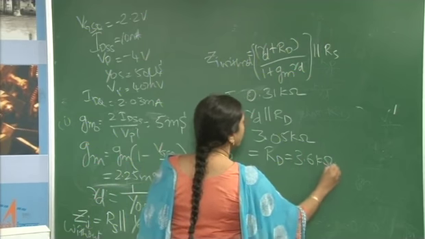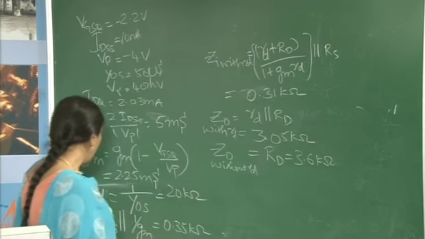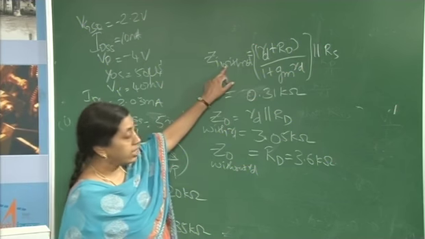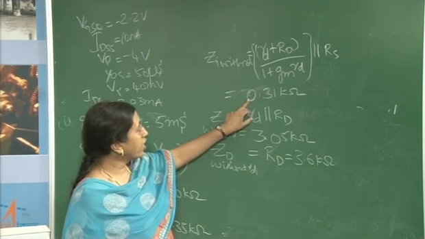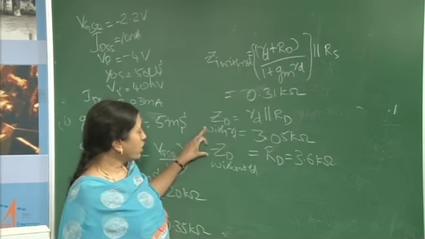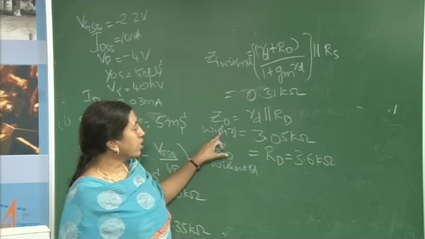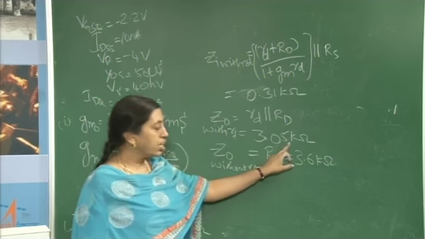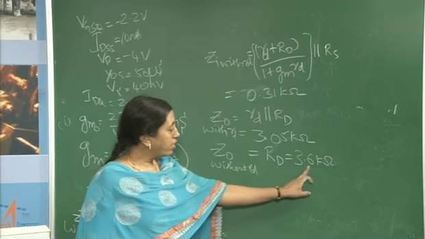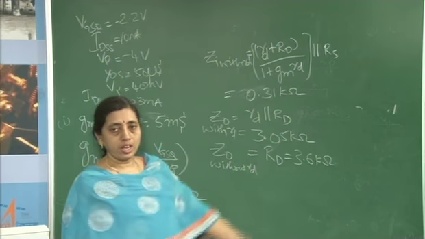So, observe the difference here. Without rd, Zi is around 0.35 kilo ohms. If we consider the effect of rd, we find that the input impedance has decreased. Even with respect to output impedance, if we consider the effect of rd, it is 3 kilo ohms. If we ignore the effect of rd, then we find that it is increased to 3.6 K.